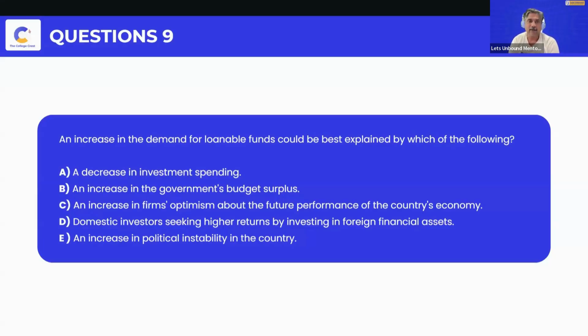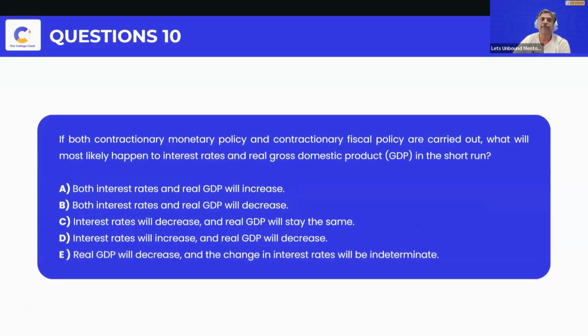And therefore, there will be an increase in demand for loanable funds, because some of them would try to expand, or some of them would try to come up with newer ventures. So we can say that option C here is the best possible option.